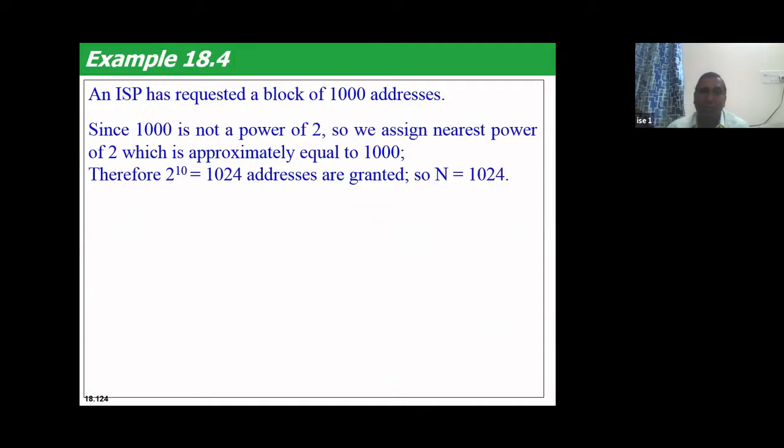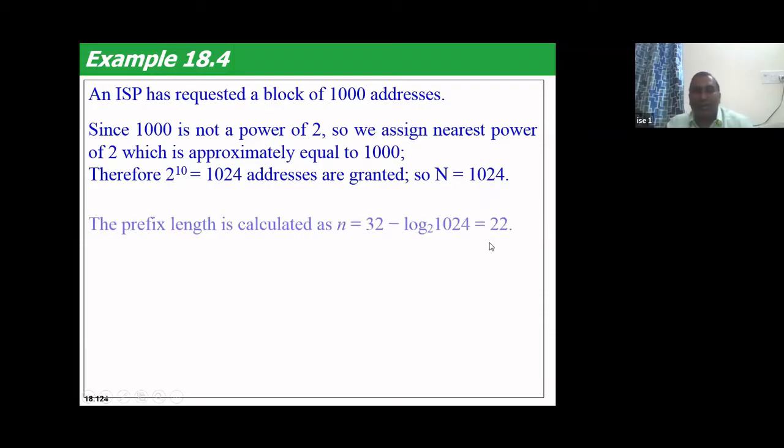I cannot take 2 raised to power 9 because that is only 512, which is not close to 1000, so I'll neglect that. 2 raised to power 10 happens to be 1024. So the number of addresses granted to this ISP will be 1024. Though the ISP had asked for only 1000 addresses, it is granted a power of 2, that is 1024 addresses.